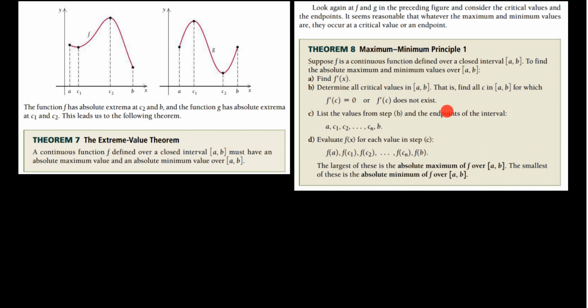D: we're going to evaluate the original function f(x) for each of the values in step C. The largest of these is going to be the absolute maximum, and the smallest is going to be the absolute minimum.